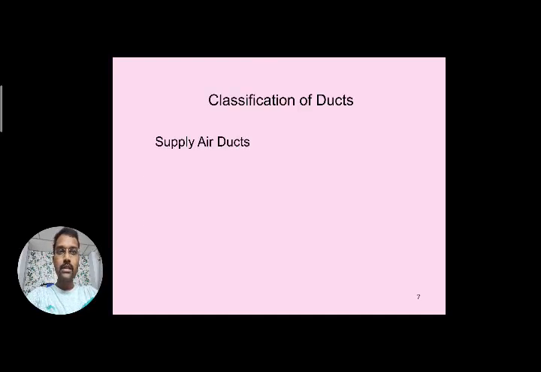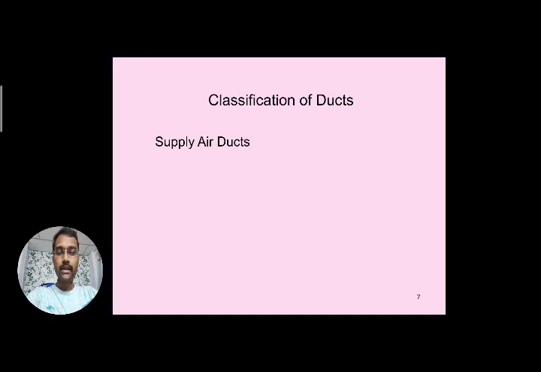So this is regarding ducts, what materials they are made of, how they can be used at different places, and the most commonly available shapes.